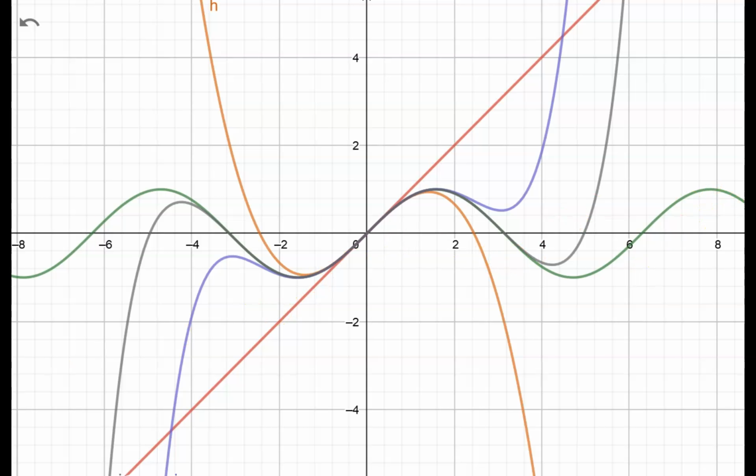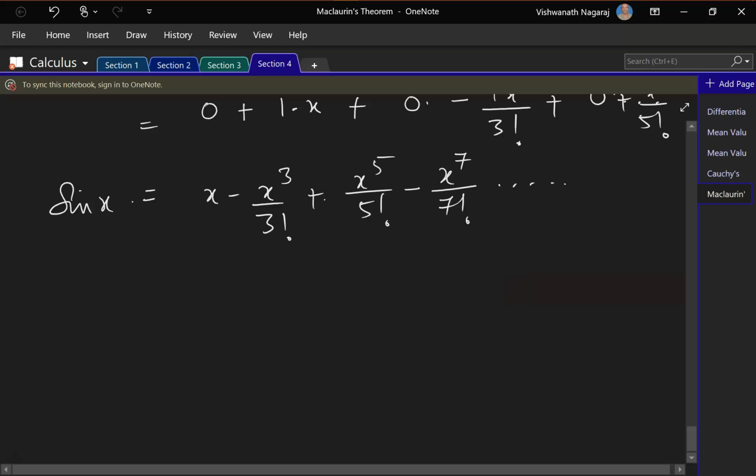So that's the power of Maclaurin theorem, which allows us to generate this series for any given function around x equal to 0. This is very, very powerful.